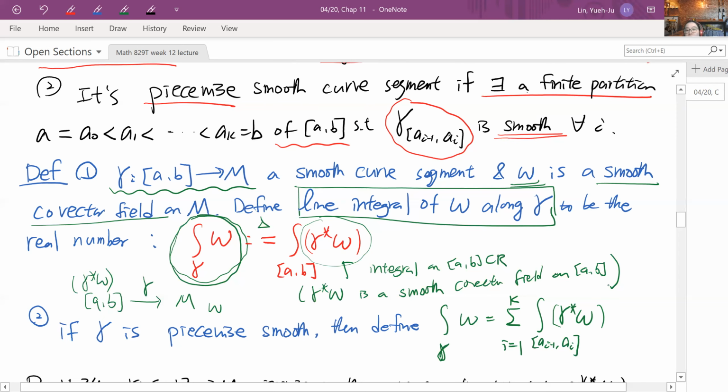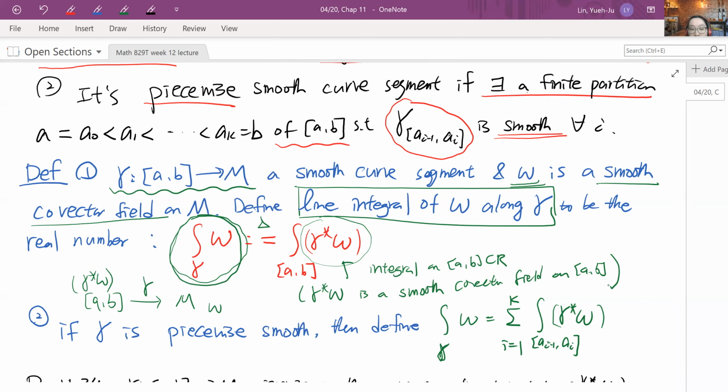Once you can explicitly find the component function, then you can integrate it over R. So in some sense, once we know how to define the integral of a covector field on R, we can generalize it to the situation on a manifold. And the way we do it is really through the pullback. That's why we really need all this pullback machinery. Essentially the goal is to be able to define such an integral through the pullback.